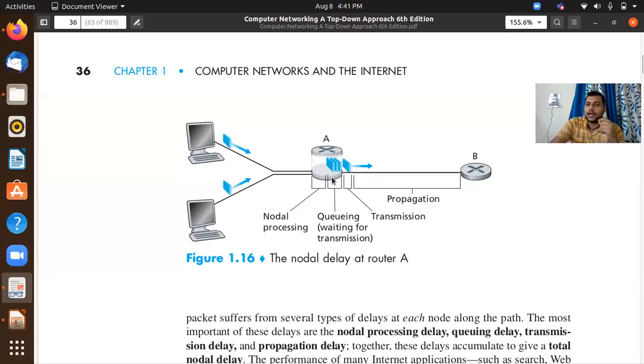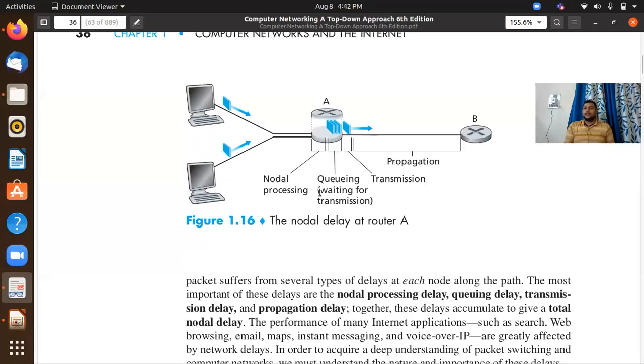Because of that, packets start accumulating inside the buffer, and a situation comes when it gets exhausted and starts overflowing, and that overflowing results in packet loss.